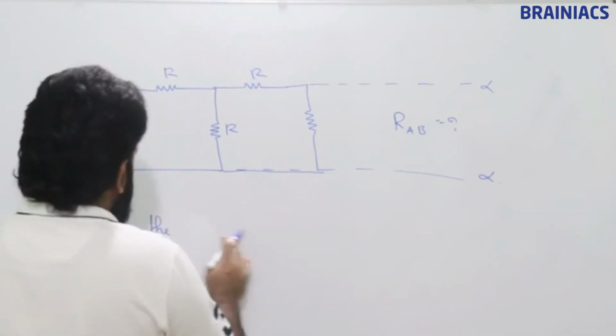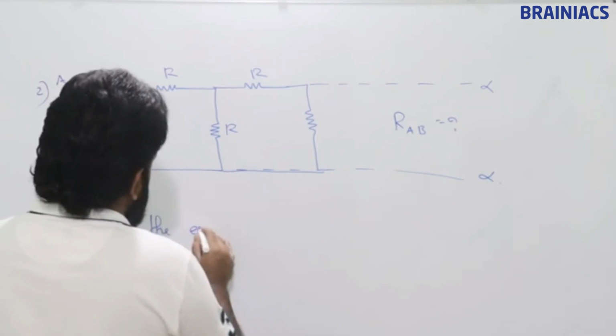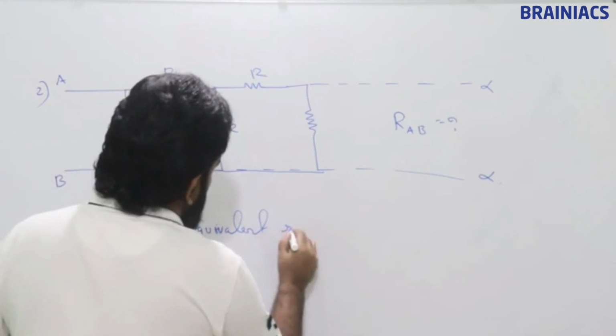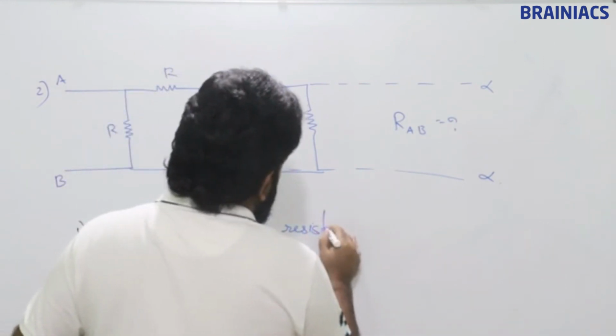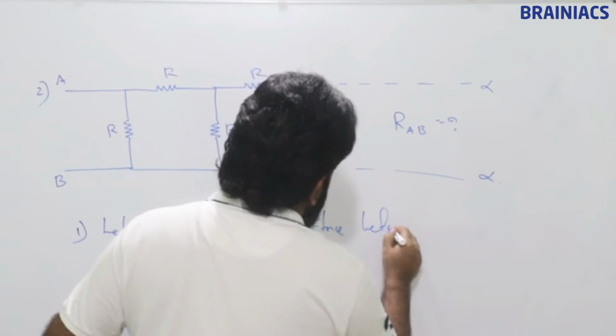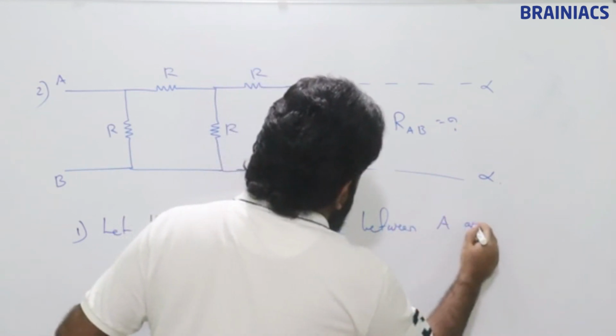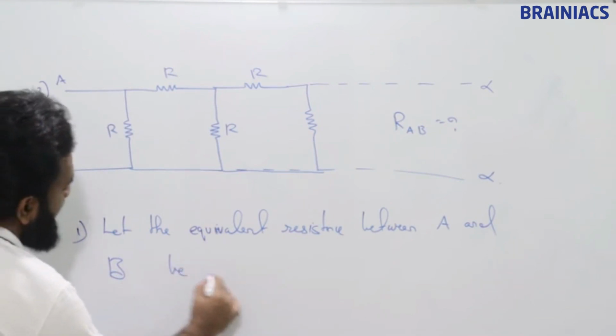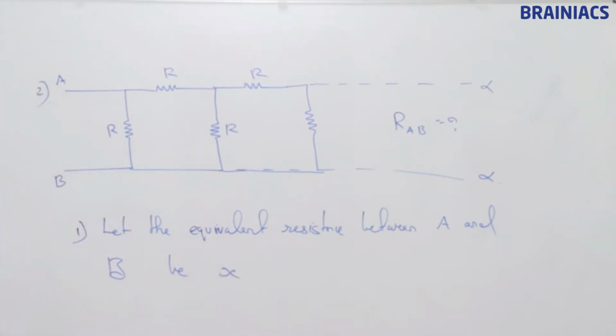So let the equivalent resistance between A and B be X. Okay, first step. Second step, find the repeating unit.